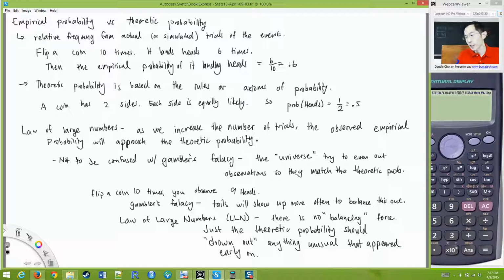But sometimes you've got a scenario where you don't know all of the parameters and everything that's going into it. You might have a black box and you're not quite sure what prompts the output. And in those cases, empirical probability is a good way to estimate the theoretic probability.